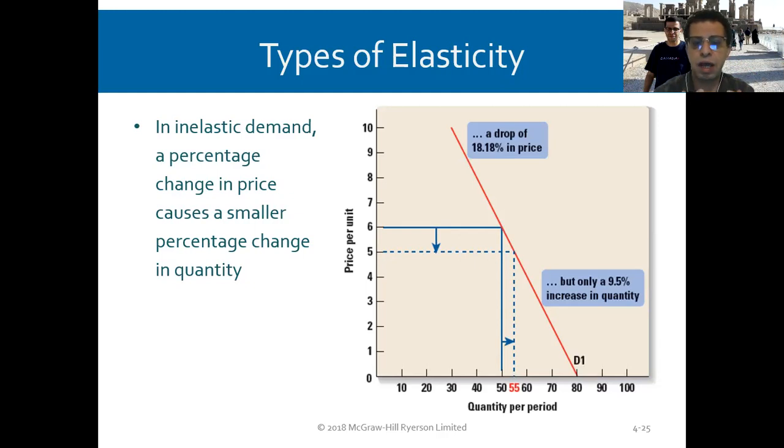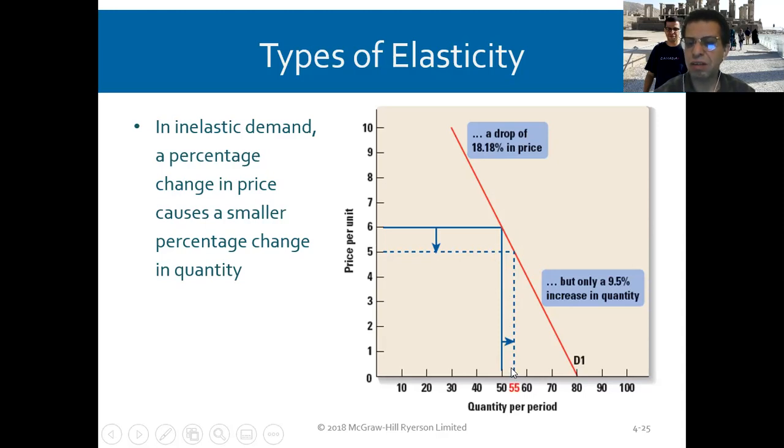So here's an example: a drop in price from $6 to $5. You're expecting a huge increase, but because it's inelastic, the change is not big. It becomes 55.